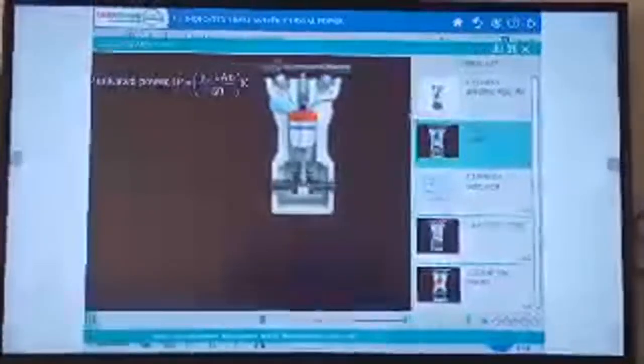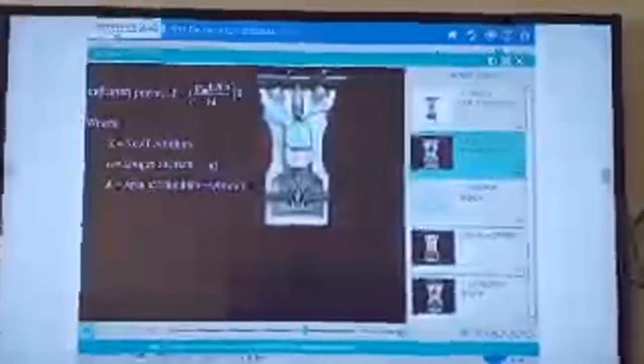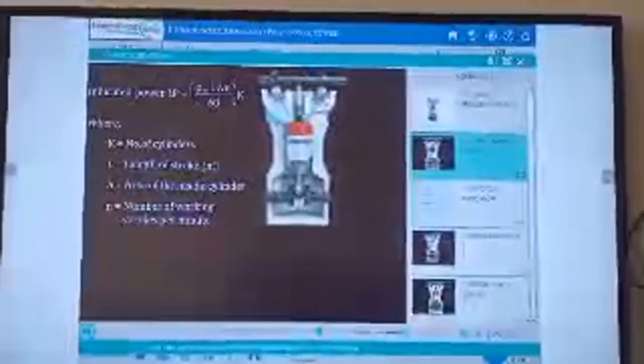Indicated power, that is IP, is equal to PM LAN divided by 60 into K, where K is equal to number of cylinders, L is equal to length of stroke in meter, A is equal to area of the inside cylinder, N is equal to number of working strokes per minute.